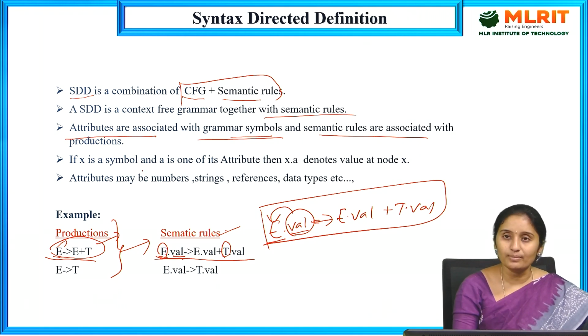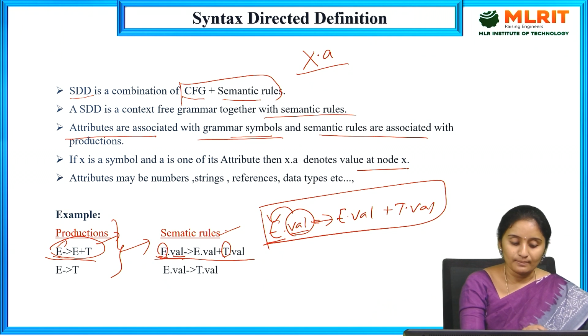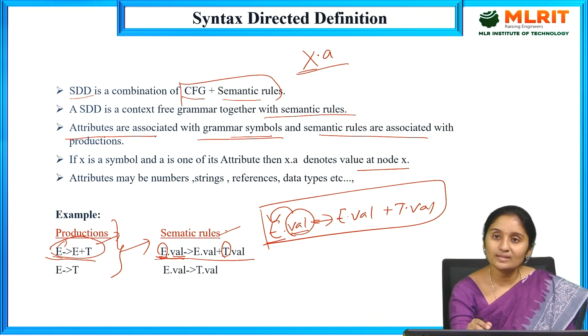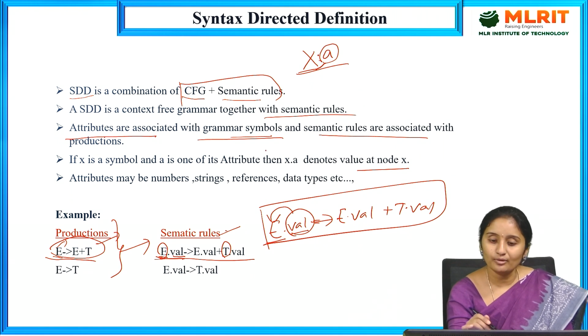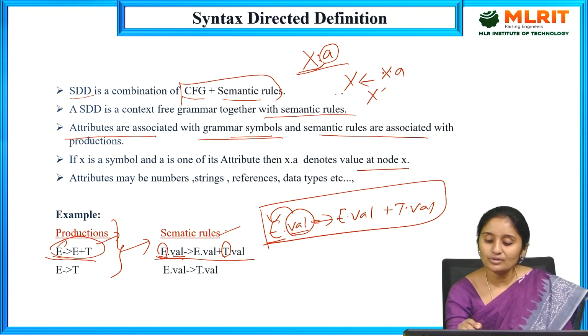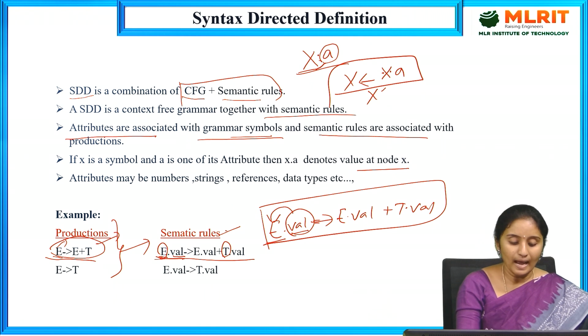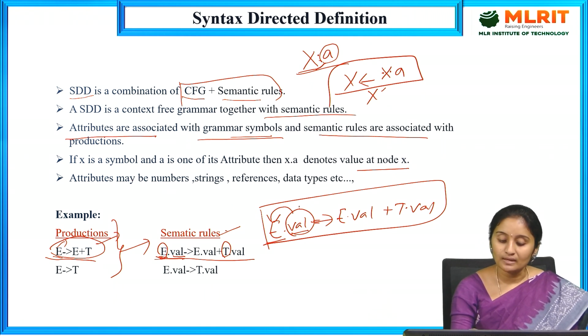If X is a grammar symbol and A is one of its attributes, then X dot A denotes the value at node X. Attributes can be numbers, strings, references, or data types.